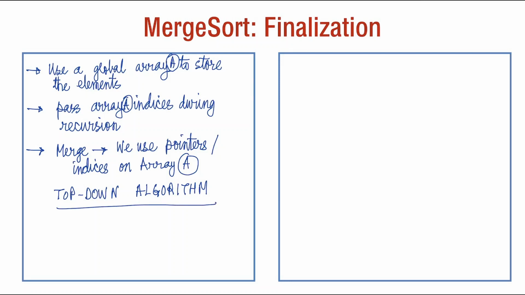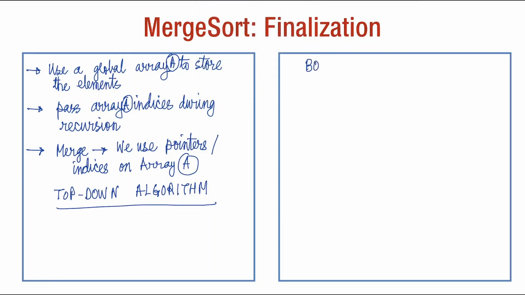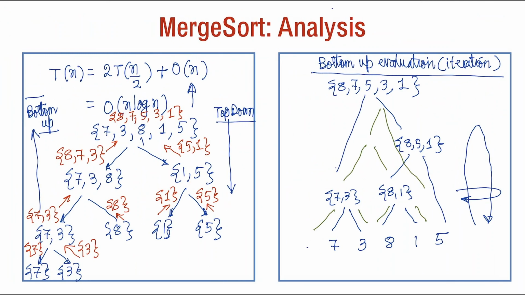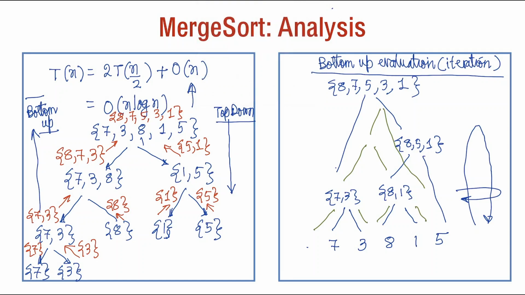Now let us come to the bottom-up algorithm. If you look at the bottom-up iterative algorithm very carefully, you will notice that at every level, let us mark it by level, so this is level 0, this is level 1, this is level 2, this is level 3.